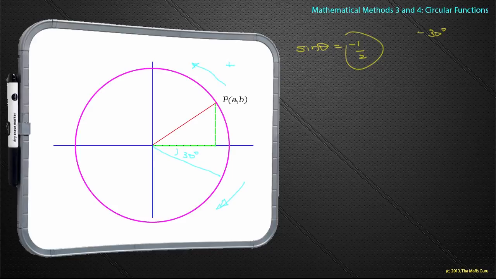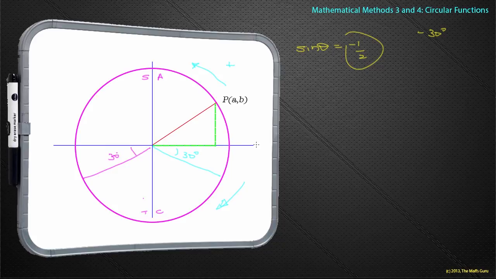Where else is sine going to be negative? All right, we've got all stations to Canberra, right? So we now know because cos is the only thing in this quadrant that's positive, then sine is negative. Where else will sine be negative? Well, it's not going to be here because all of them are positive. It's not going to be here because all of the sine values are positive. It's got to be here. And in the same way, we just reflect and have this angle here as 30 degrees.